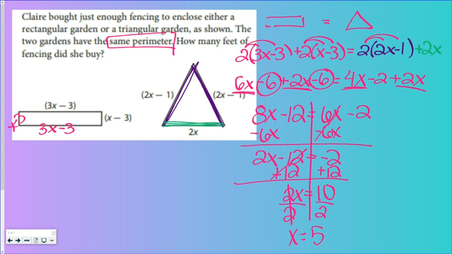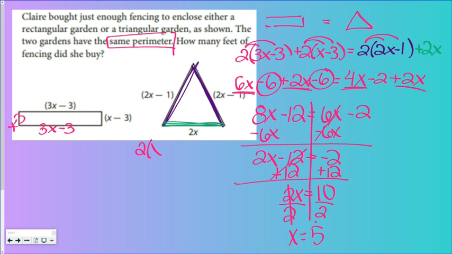So we get x equals 5. However, we are not done because the question asks, how many feet of fencing did you buy? So now that we know what x is, we are going to have to substitute this value back into one of our perimeters. It doesn't matter which one you pick, because like we said at the beginning, they have the same perimeter. So I'm going to do the triangle.